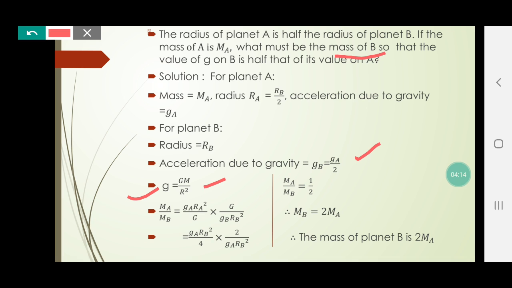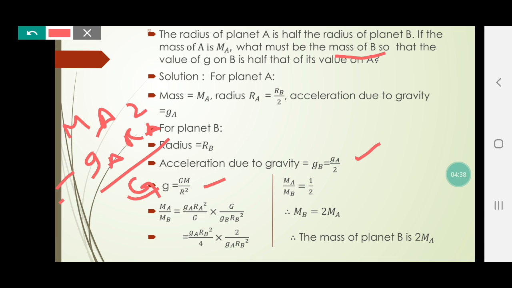So ma is equal to ga into ra square upon G. Fine. So this way we are going to get ma.